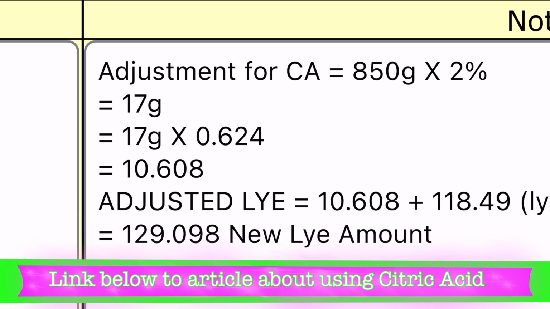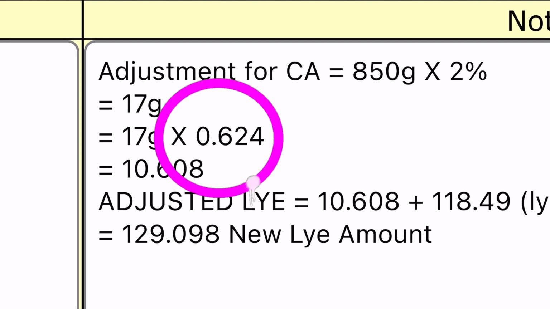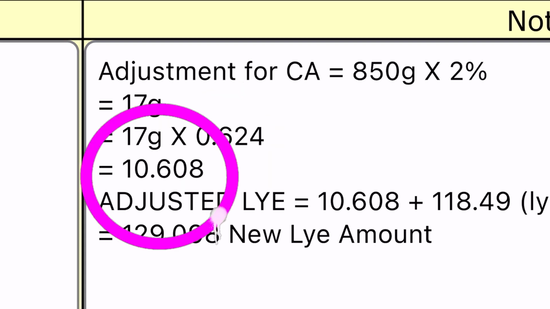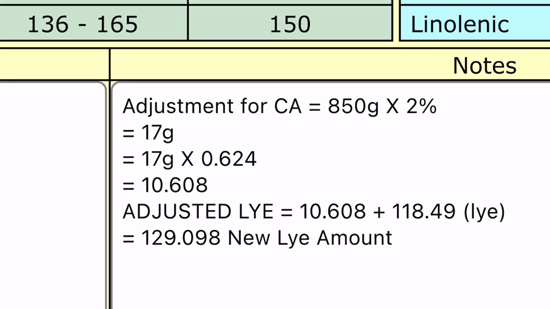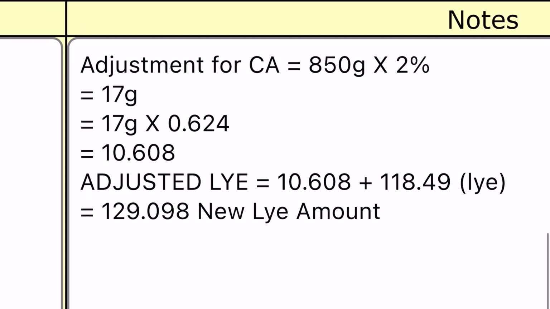I'll link down in the description below the article of this number here, 0.624, where I got it from, so you can read how I use it. So I take 15 grams times 0.624, and that gave me 10.608 grams. With that, I have to make an adjustment to my lye.